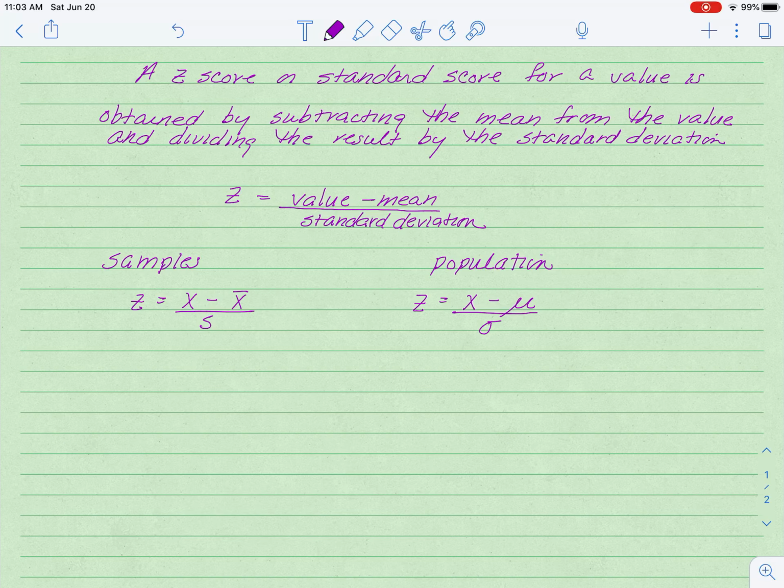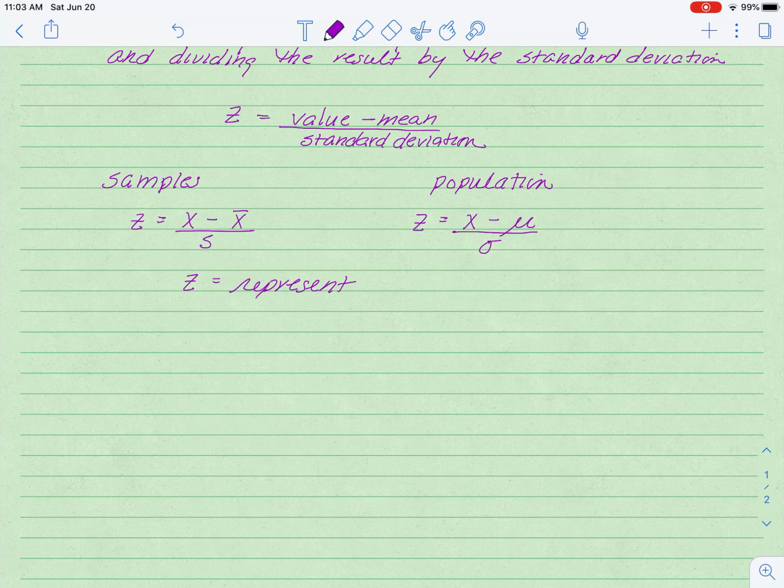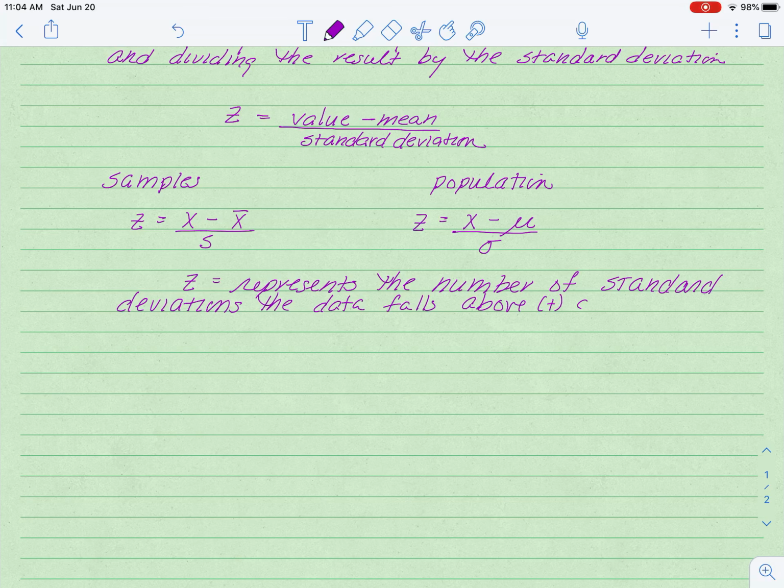So z represents the number of standard deviations the data falls above, that's if z is positive, or below, that's if z is negative, the mean of the population or the sample. So above or below the mean.